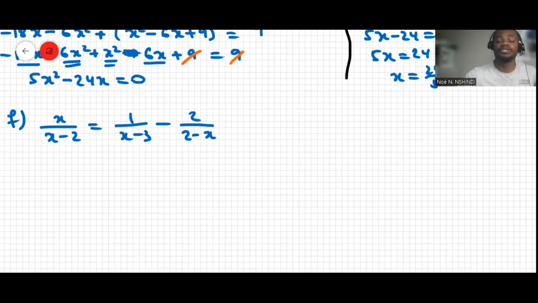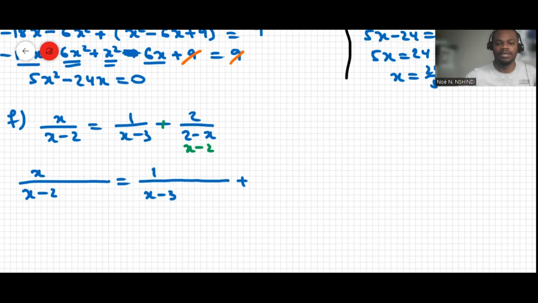So now we can switch these. We make it x minus 2, and then this sign becomes positive. You understand? Then we can rewrite this as x minus 2 under x equal to x minus 3 under 1 plus x minus 2 under 2.